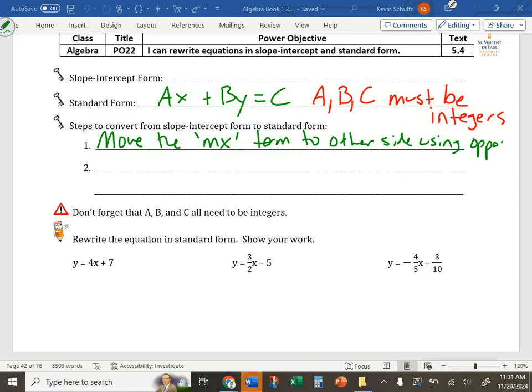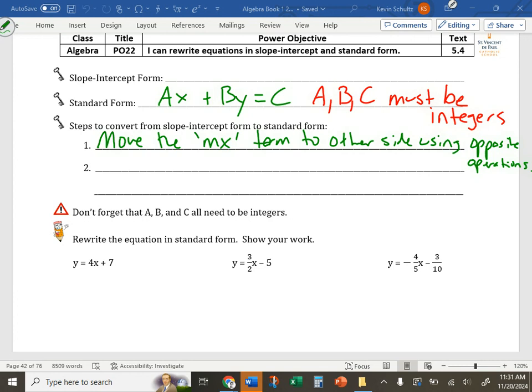So that part does not change. You are still starting with that x term and moving it over. The second step, because once you move this x term over, x and y are on the same side, you're in standard form. But if you have any fractions, you have to undo the fraction.